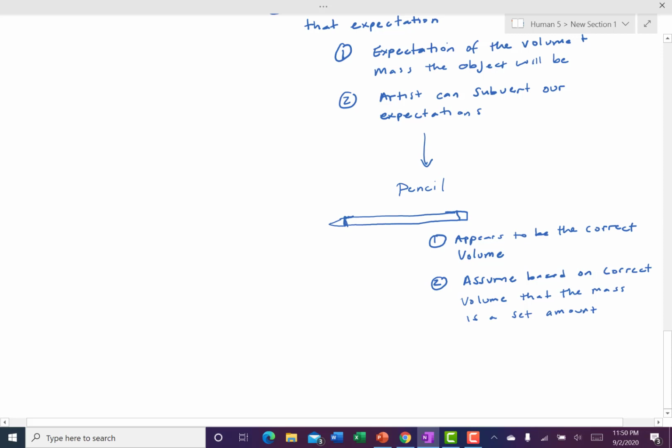But if the mass is off, so we'll say if mass is not the expected amount, the meaning of the artwork changes.